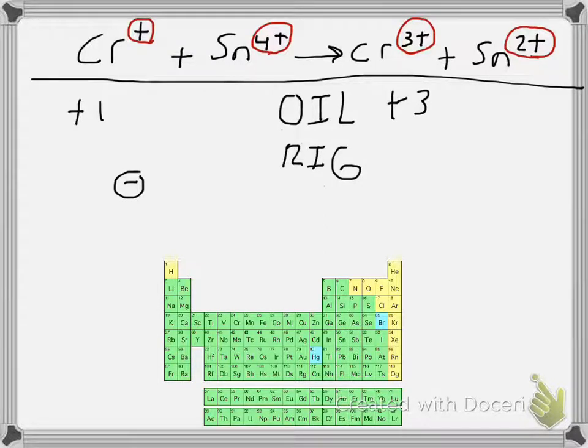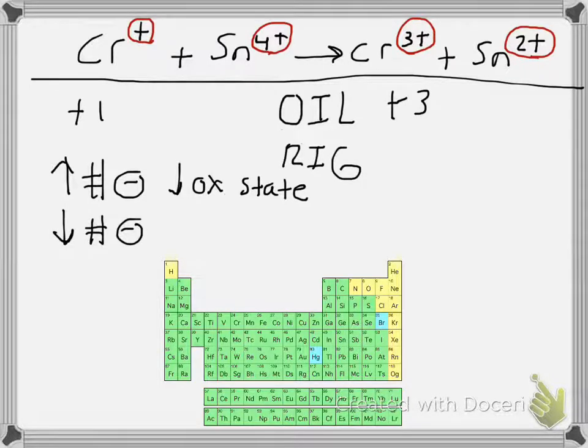So if you lose a lot of negatively charged particles, then you will make your element more positive. If you increase the number of electrons, then you decrease the oxidation state. And if you decrease the number of electrons, you increase the oxidation state.